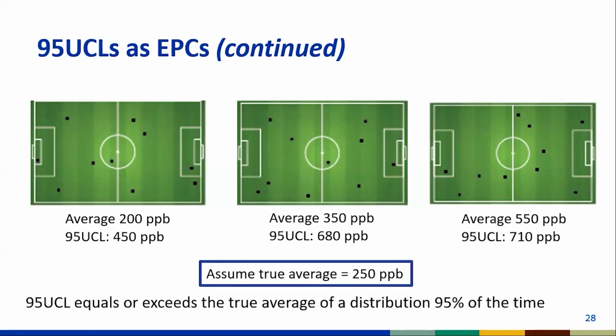Remember, the 95 UCL equals or exceeds the true average of a distribution 95% of the time. Hopefully, this emphasizes the point that despite variability in contamination levels and the uncertainty associated with estimating averages from a limited number of samples, 95 UCLs provide confidence that you're not likely underestimating true exposures.